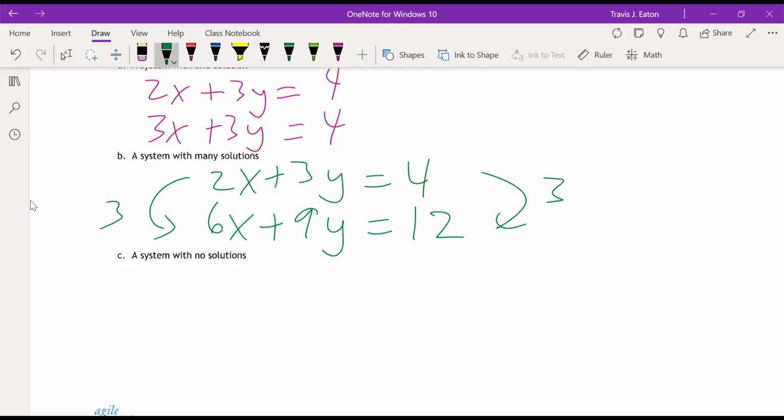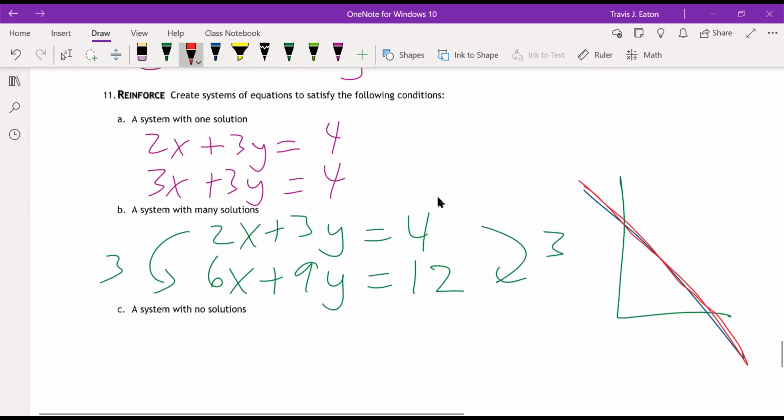When I go to graph it, my graph will look just like this, exactly right on top of that, because all you've done is taken that exact same line equation and multiplied it by a random number, but when it's simplified, it'll still be that same line. Trust me.